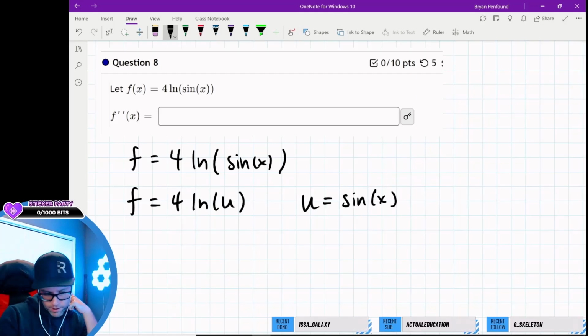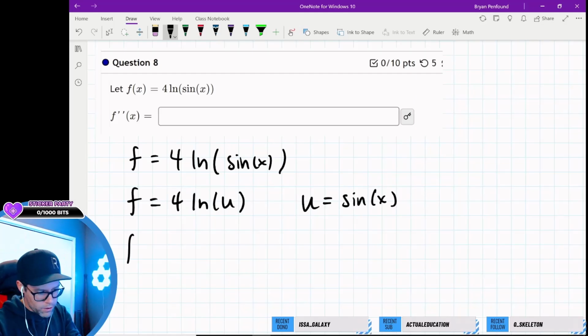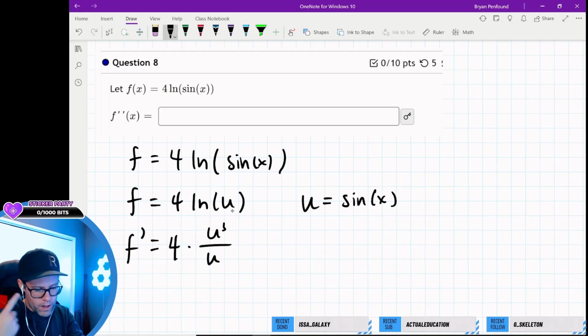Now we're in a situation like before, where I know that the derivative of f is going to be 4 times u prime over u. That's always what the derivative of the natural logarithm looks like with regard to the chain rule.